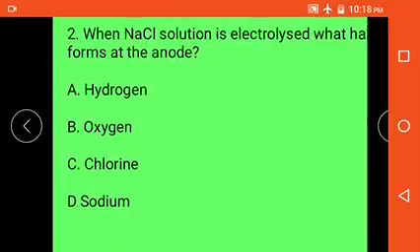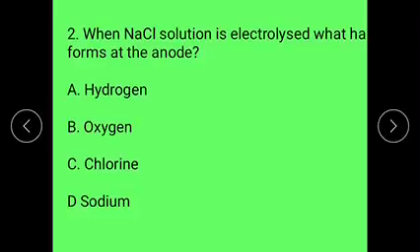Mostly the asked questions in this topic are: what is electrolysis, what is the construction of an electrolytic cell and its functioning. Sometimes they may ask to explain the electrolysis process with one example.